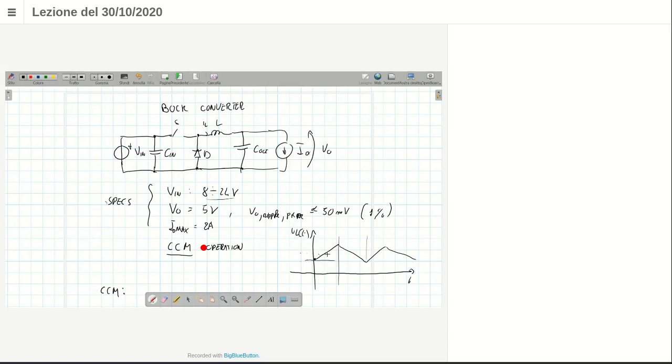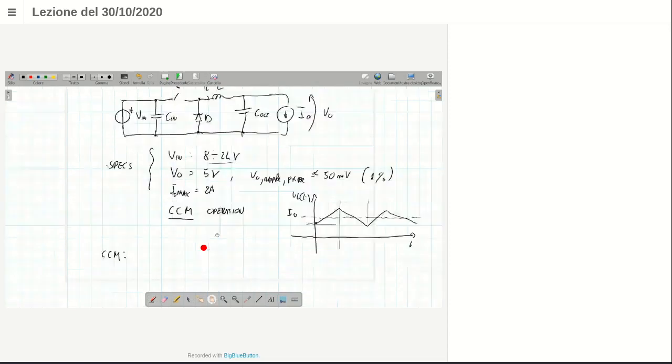Okay, considering that the mean value of this current is basically the output current, these conditions are most critical to be met when the load current is minimum, not when the load current is maximum.